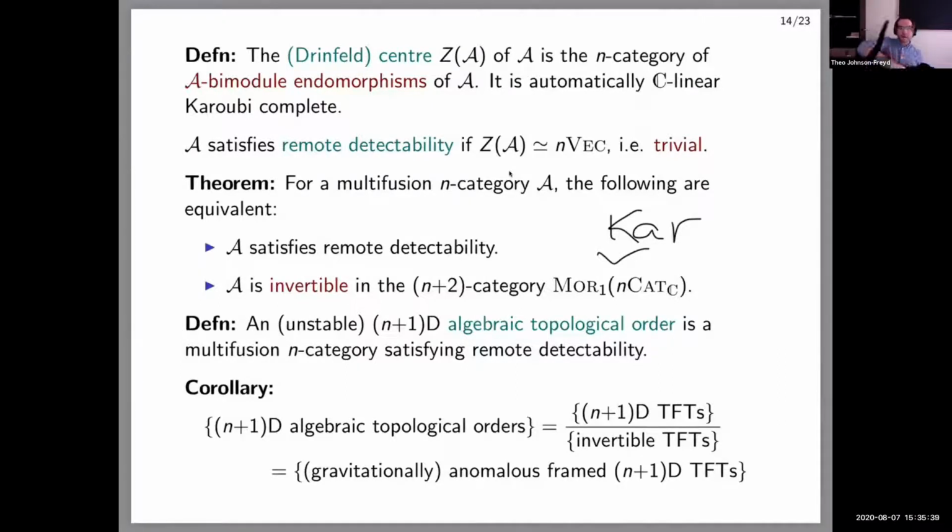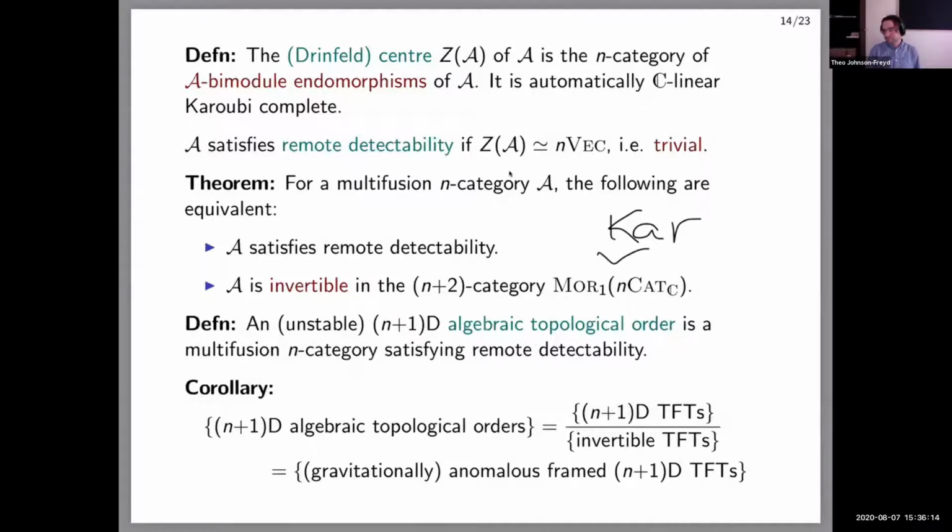And so a corollary of this theorem is that my definition of algebraic topological order matches the space of, well, not the space of n+1 dimensional TFTs, but rather the space of anomalous TFTs, in the sense that they're not fully extended objects in and of themselves, but they have an invertible n+2 dimensional theory attached to them.